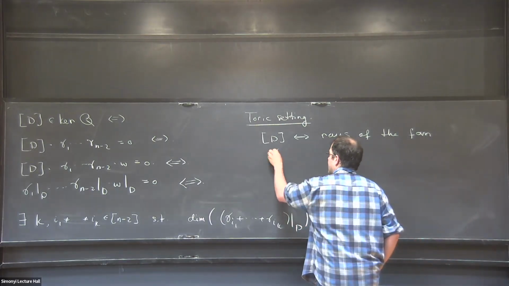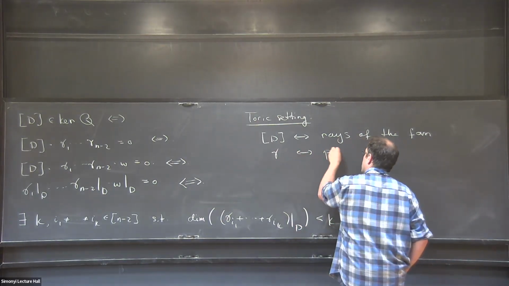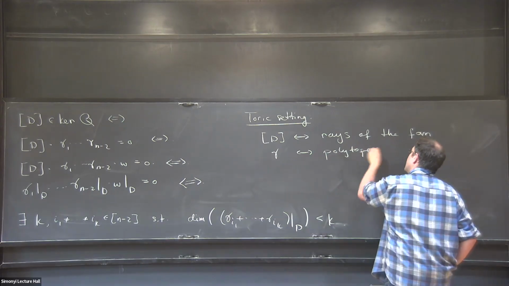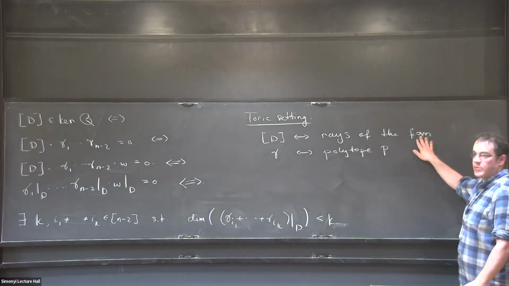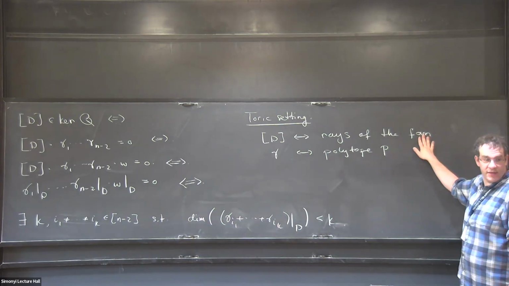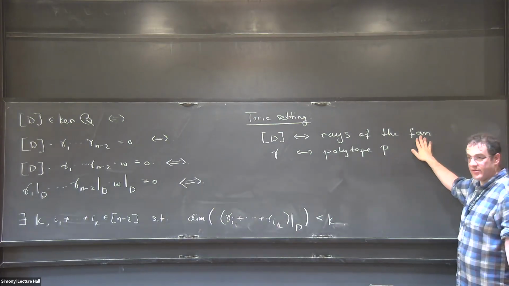And remember that a nef divisor corresponds to a polytope. Not just any polytope, but a polytope that is compatible with this fan, whose fan is coarser than the fan that defines the variety.